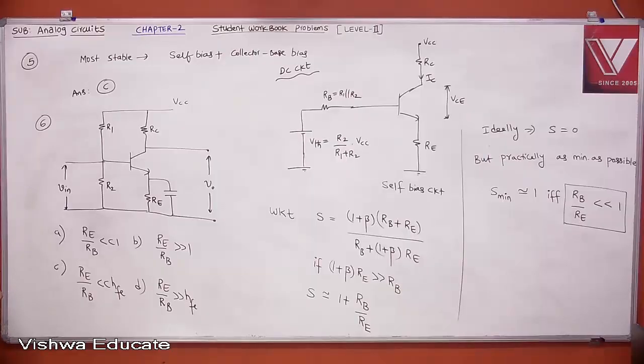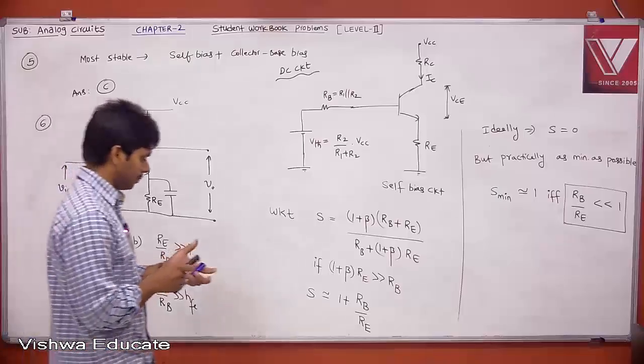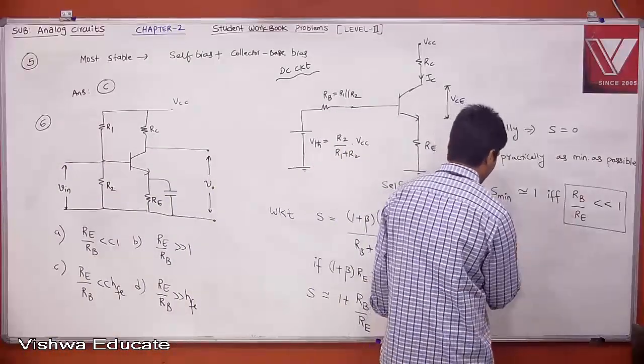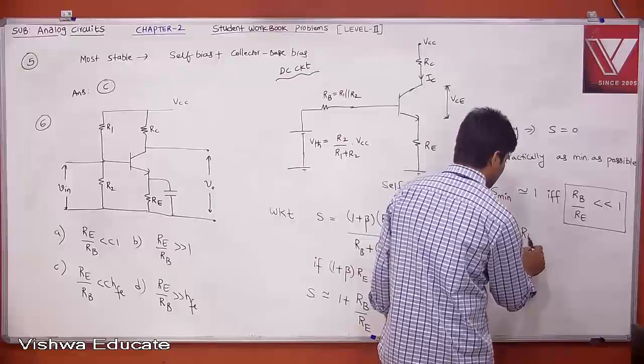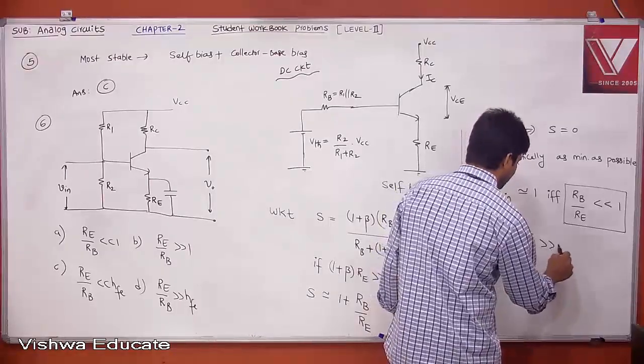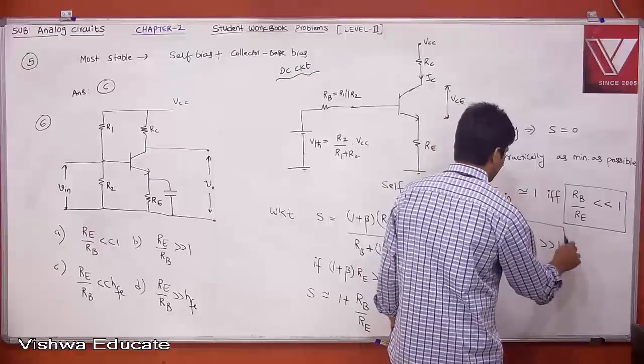Therefore, what is the answer? The question is asking for RE by RB, but everything is in terms of RE by RB. Therefore, your RE divided by RB should be very much greater than 1. Both are the same only.